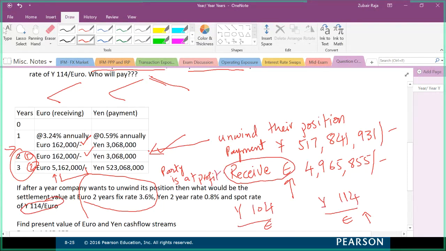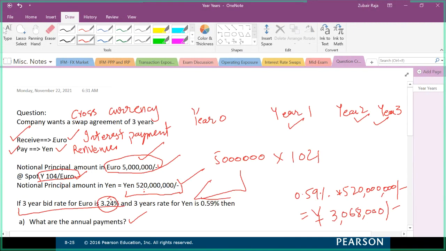And who is making the loss? Whatever is the profit for the party is actually a loss for the swap dealers. The swap dealers' liability was in euro, right? So they had to pay. Receive is from the perspective of the company. So whatever the company is receiving, who is paying?